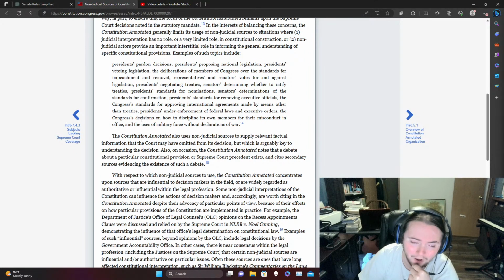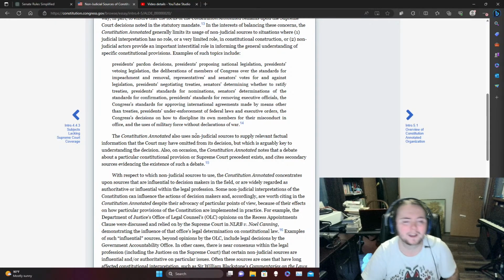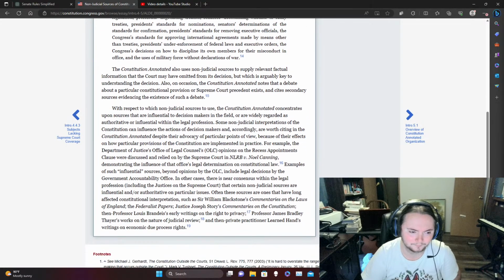Also included are Congress's decisions on how to discipline its own members for their misconduct in office, and the uses of military forces without declarations of war.